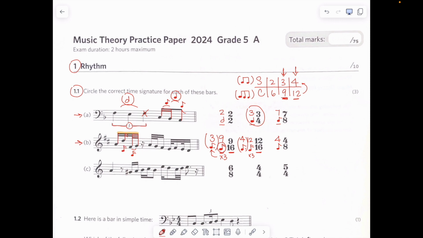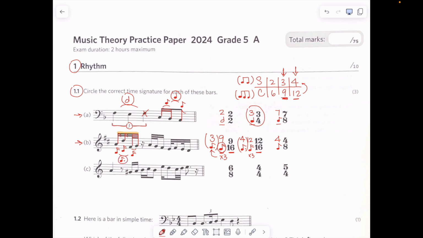This one is also a semiquaver. So now you see there are 3 semiquavers, and if you look at the orange beam, they are beamed together as a group. So we need to look at them as 1 beat. What do 3 semiquavers make? It will become a dotted quaver beat, right? So this is your main beat.